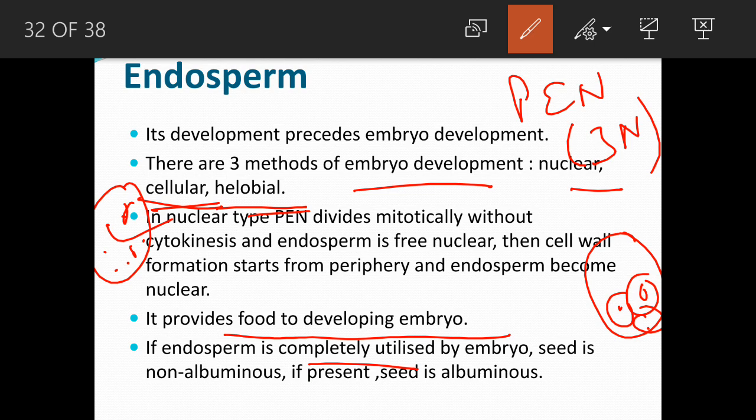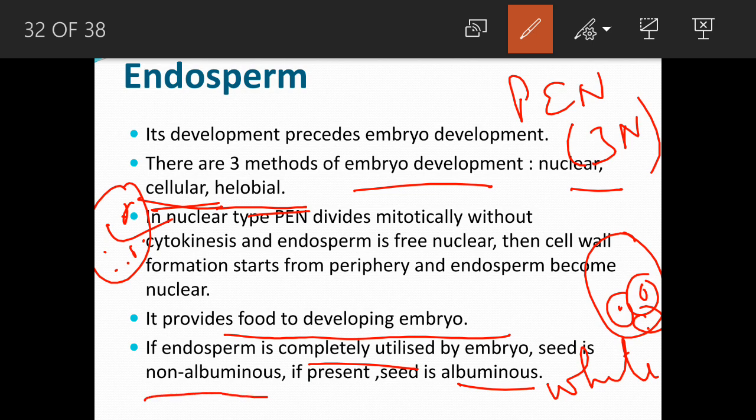If endosperm is present, then it is known as albuminous. For example, in wheat and rice, seeds are endospermic with endosperm stored.